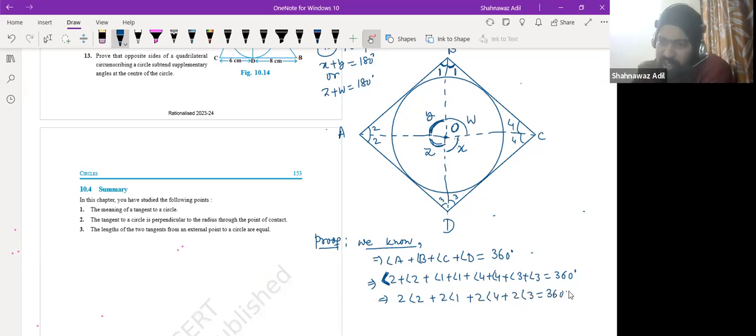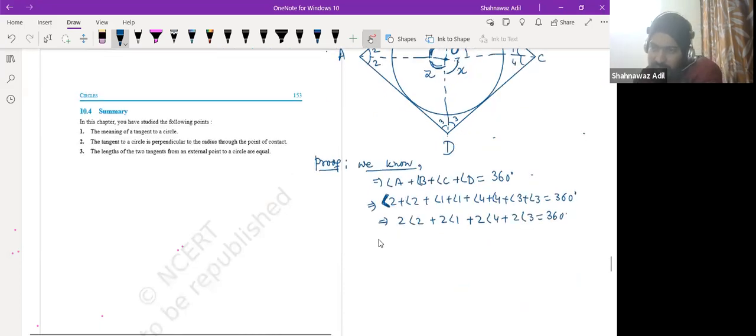Then we take 2 common from all of these, so this is 2 times (2 plus 1 plus 4 plus 3), and this is 360.